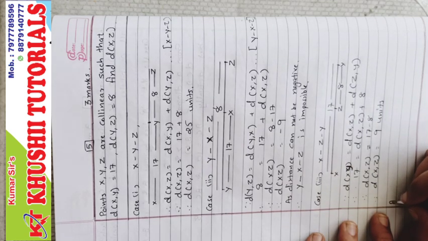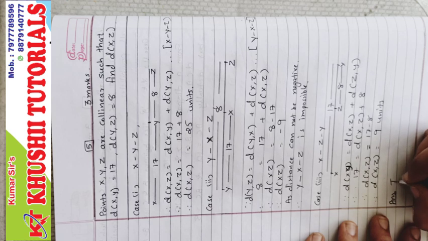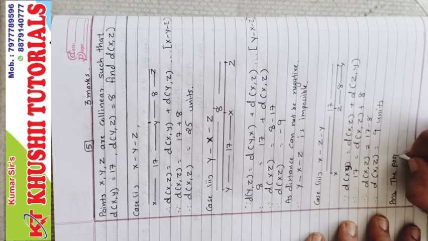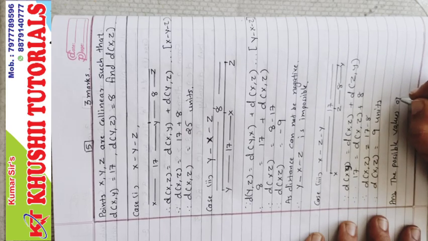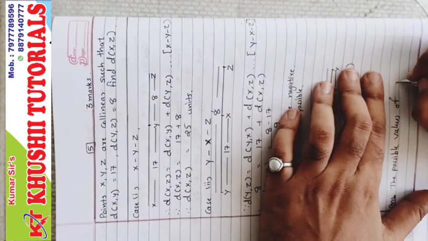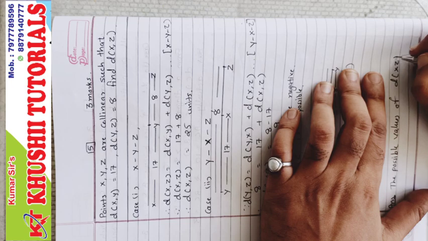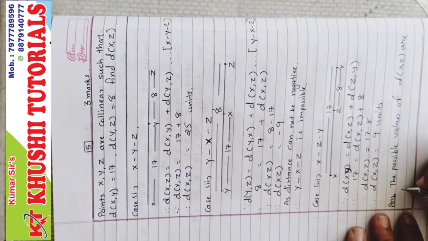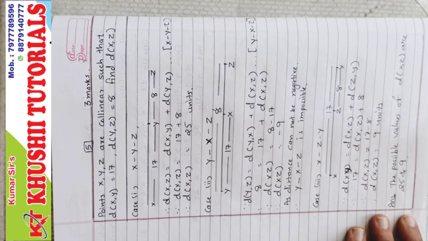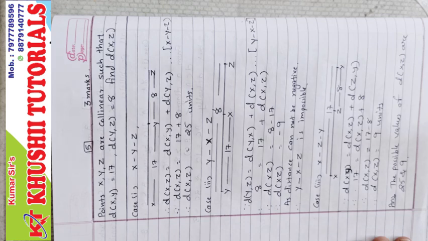Therefore, final answer, the possible values of distance XZ are 25 and 9. This is the end of sum number 5.